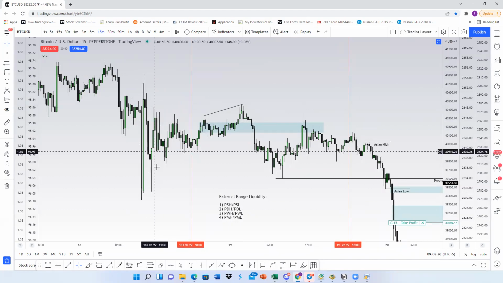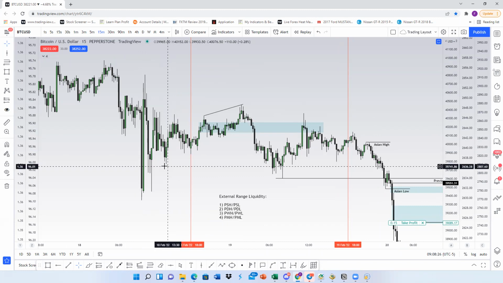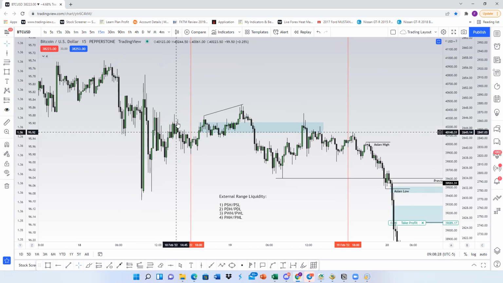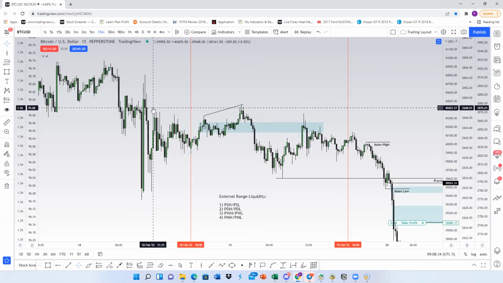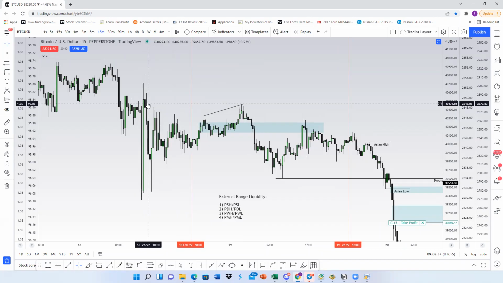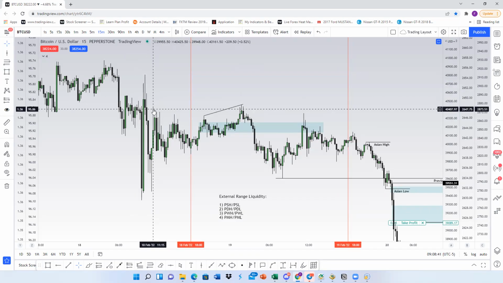And you can see price consolidated, forming what? A PM trend high, PM trend low, which is still session based, right? What about this here, 11:15?